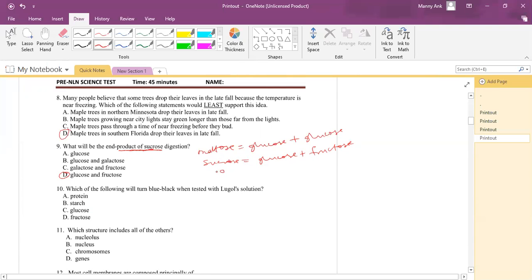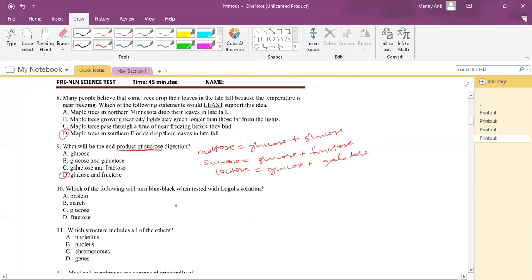Then you have lactose, which rhymes with galactose, so it's made out of glucose plus galactose. When they ask you what the end products are, it means if you break them apart, what will you get?